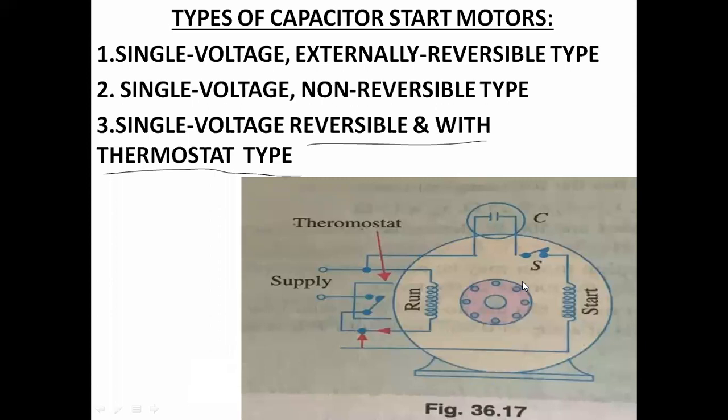Because of the high values of current, when the bimetallic strip is overly heated, it bends and opens the contact points, thus disconnecting the motor from the supply lines. Again, when the thermostat cools to a particular point, it automatically closes the contacts.